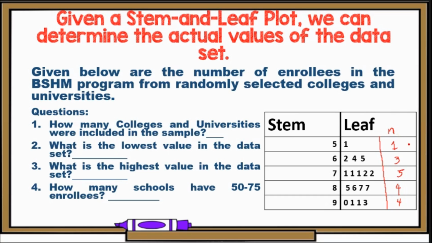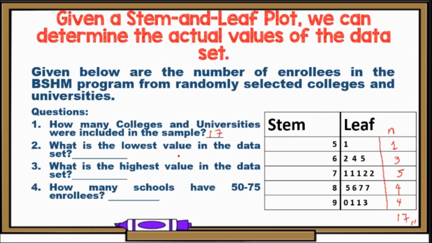To get the total number of samples, just add them up. 1 plus 3, 4, plus 5, 9, plus 4, ilan? 13, plus 4. Okay, we have 17 schools. 17 na colleges and universities yung kasali sa sample natin.